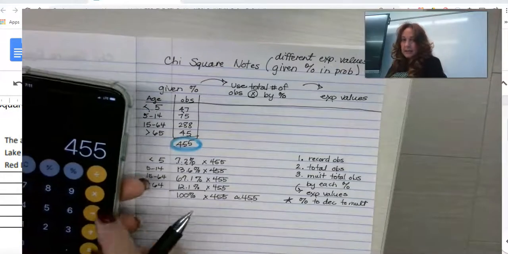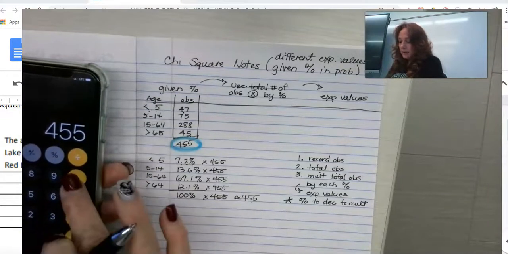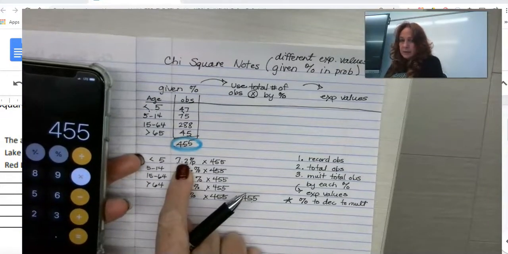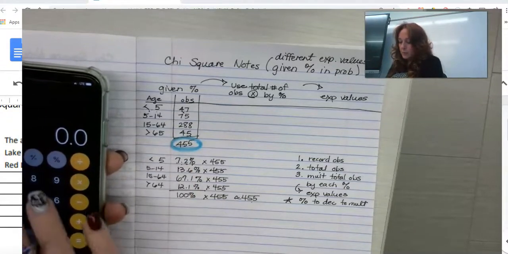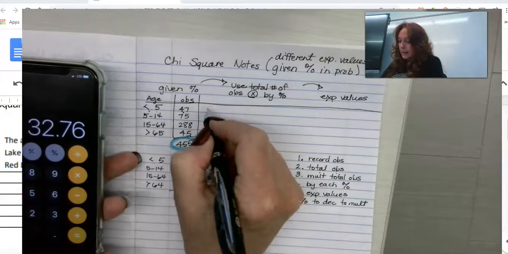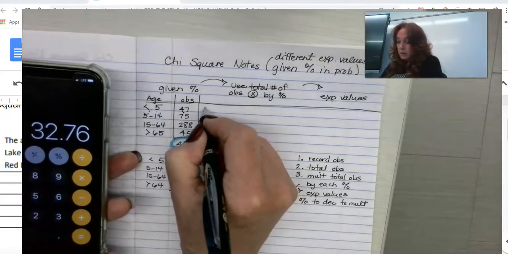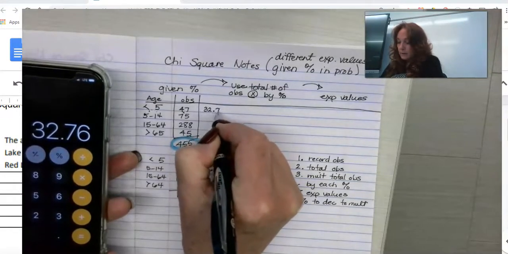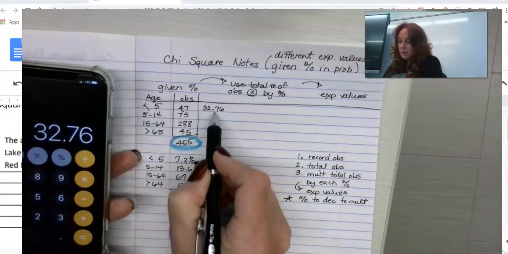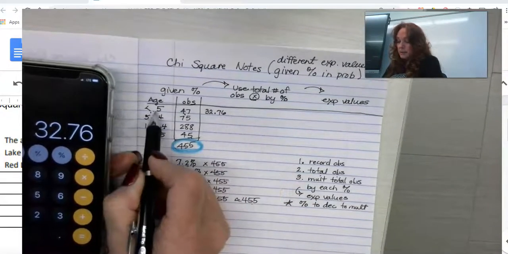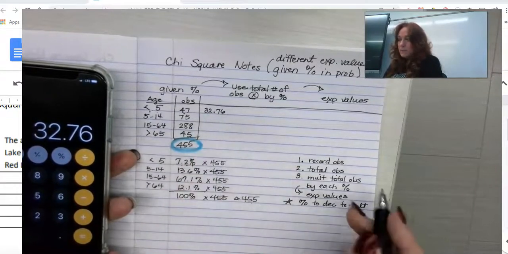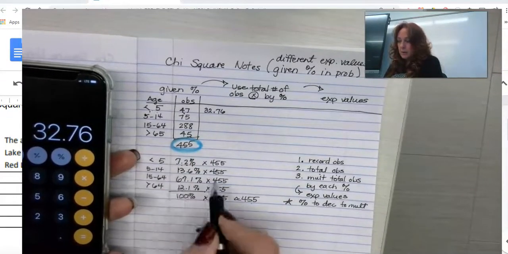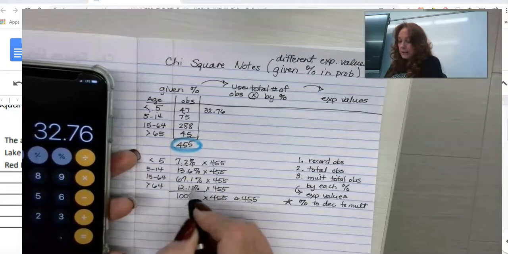So I'm going to take 455 and I'm going to multiply it times the decimal version of 7.2%. So times 0.072, and I get what looks to be an odd number. Like, it's a decimal. There's obviously no such thing as 0.76 of a 5-year-old, but you would expect to have decimals because of what you're doing to calculate it.